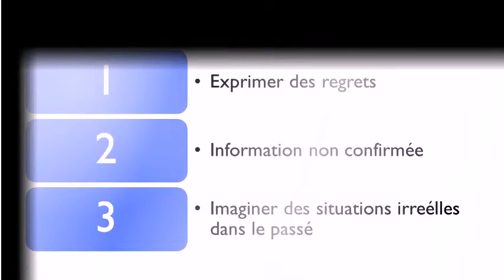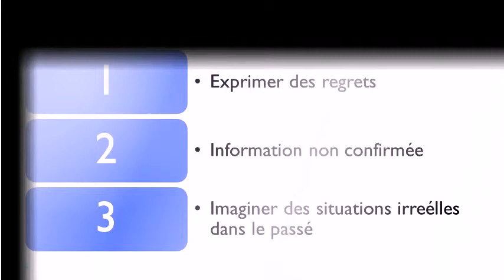So if you're looking at the news, for instance, and they want to talk about something that happened, but they don't have all the elements to confirm this information, normally in that case they just use this conditionnel passé form, okay? And the last one would be imaginer des situations irréelles dans le passé. So you want to imagine some situations that technically are not real and take place in the past. So that's the use of le conditionnel passé.